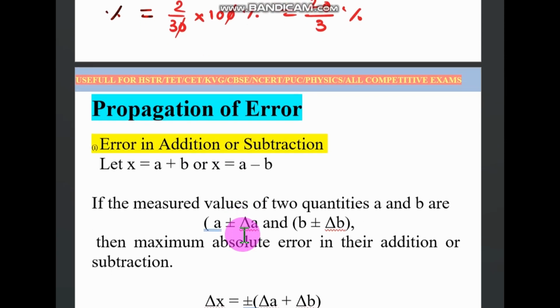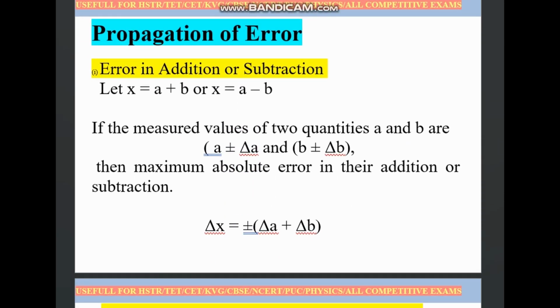Then next point is propagation of error. Error in terms of addition or subtraction. Let x be calculated as a plus b, where a is one measured value and b is another measured value. Error may occur in measuring a or measuring b.